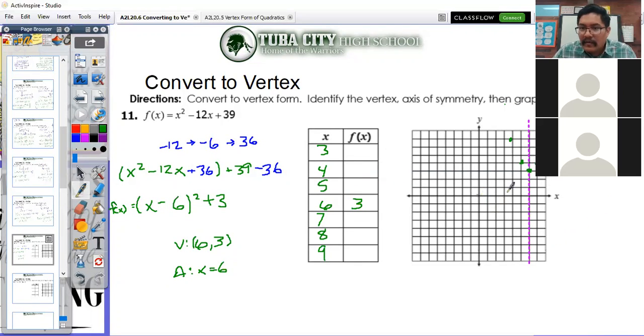And I can just mark these parts on the graph. So if I go over 7 up 4, that's the dot, and over 5 up 4, that's also going to give me a dot. Over 4 up 7.